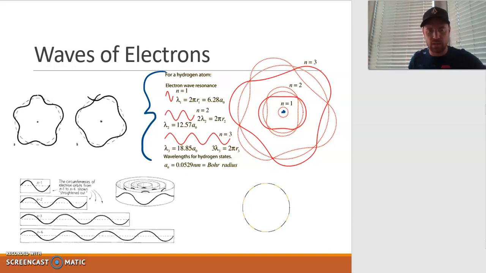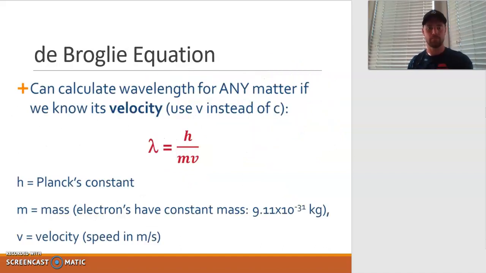The nucleus would be right here in the center of this picture. You can see that surrounding the nucleus are these allowed orbits, but they're allowed because of the wave function. It would end up completing perfectly and the electron would continue its path going around. So de Broglie was able to prove why electrons travel in fixed orbits. It's not that they were traveling in perfect circles, they were actually traveling like waves.